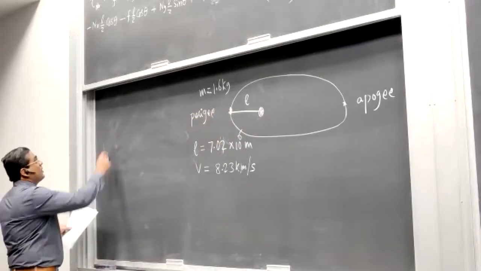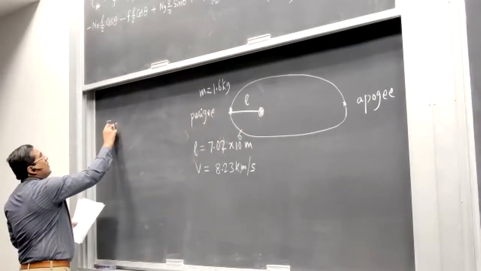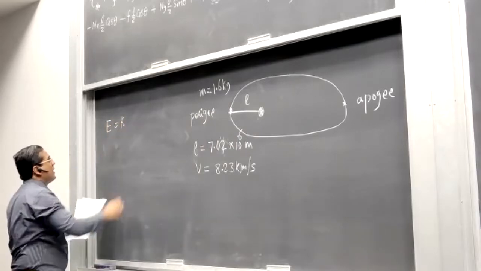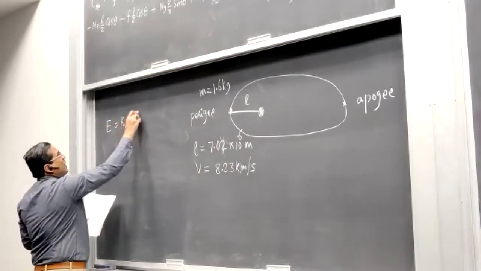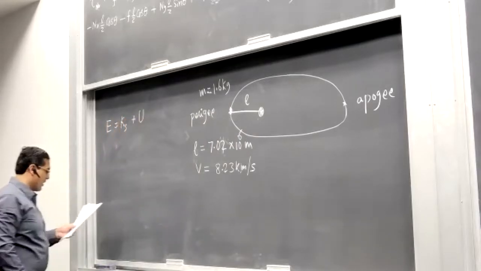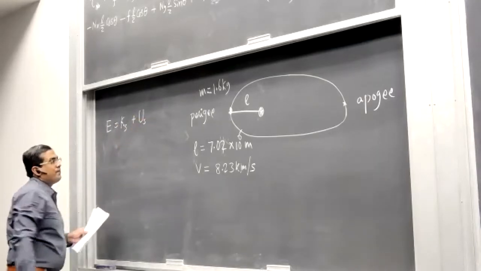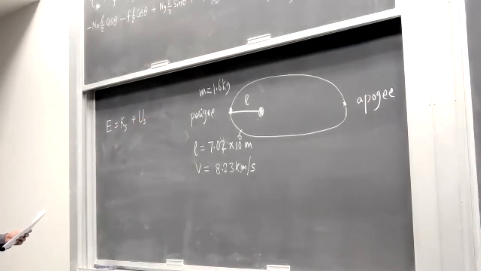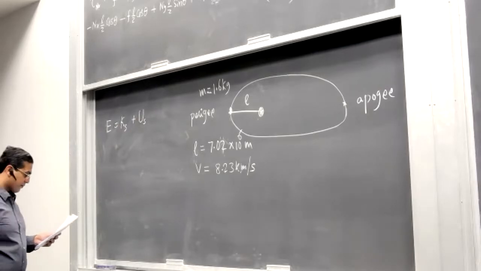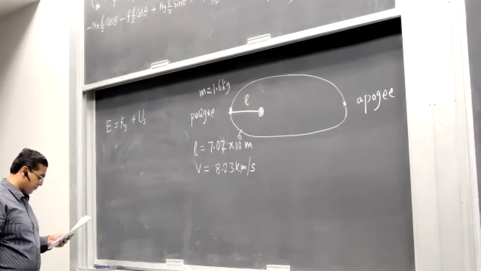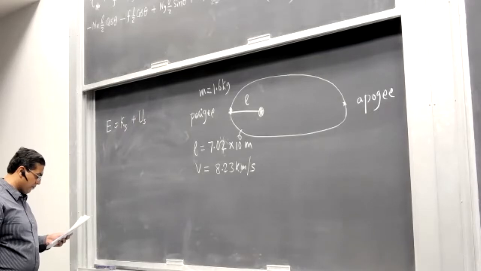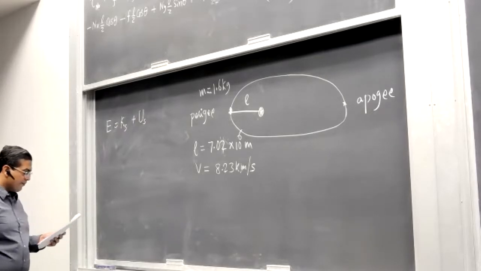The total energy of the satellite would be the kinetic energy of the satellite and the potential energy of the satellite. So how do we calculate these two quantities? Half m v squared and G M m over r.